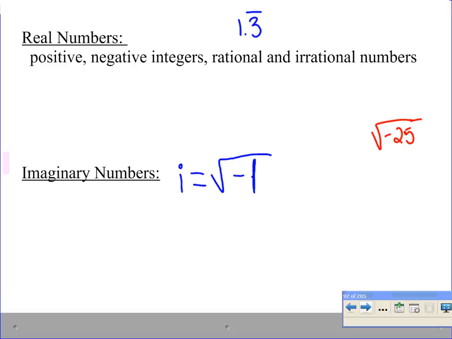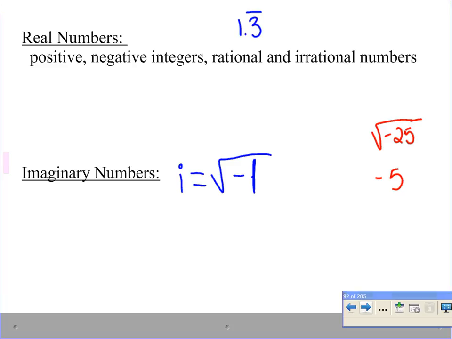If you have your hand up, make sure you have a good answer. Go ahead, Alex? If I told you the square root of negative 25 is negative 5, why is that false?